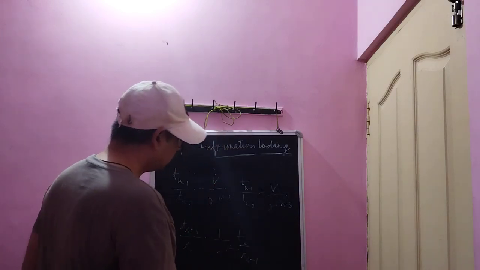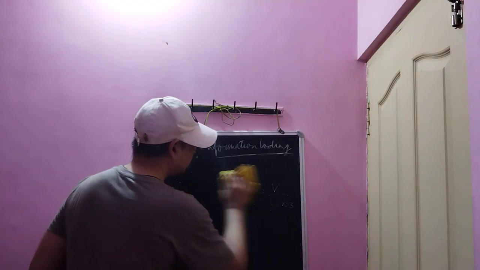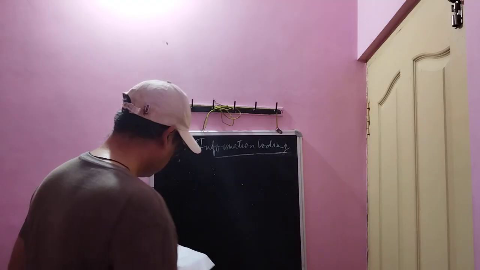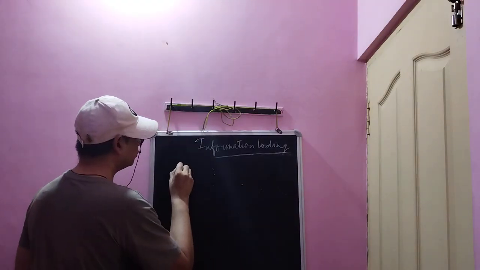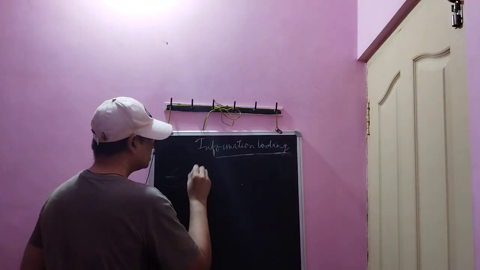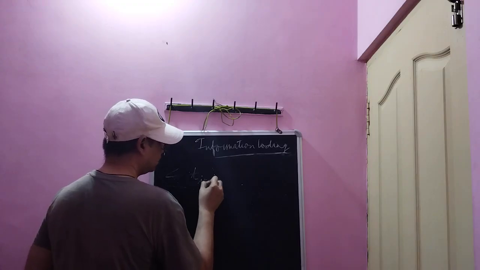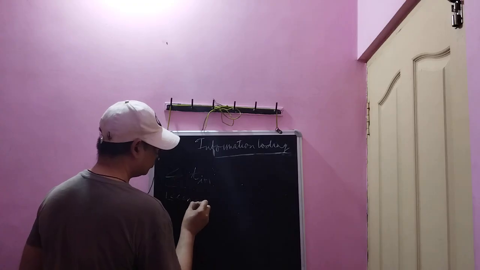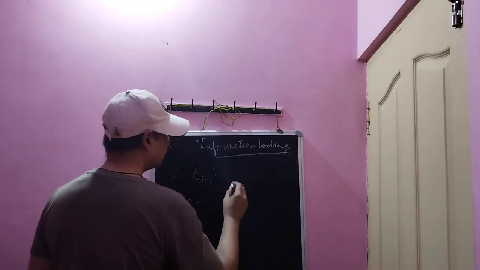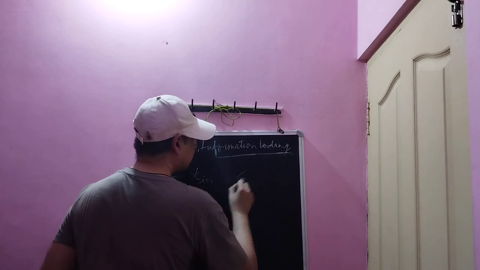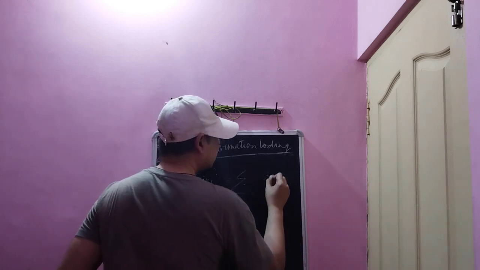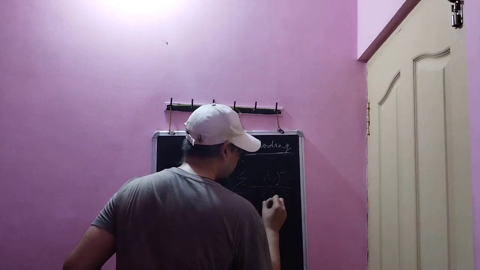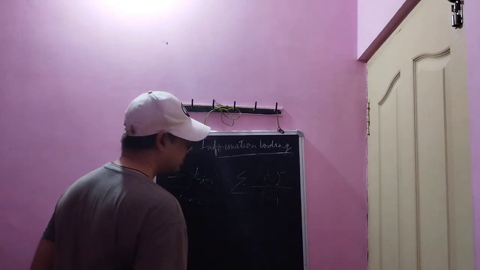So in general we are supposed to find out the summation of Ti plus 1, where 1 is less than or equal to i less than or equal to n minus 2. This will be equal to the summation over r times Ti square by Ti minus 1.